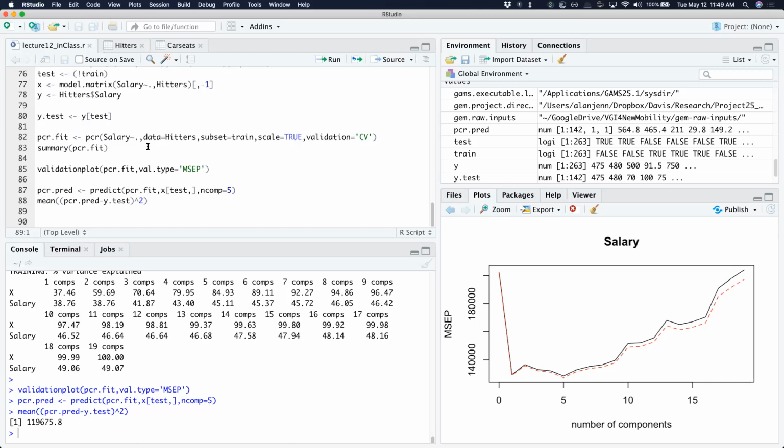I think I showed how to do that. I don't know off the top of my head how to do that in the PCR, but I imagine it's something similar, and you'll be able to extract the number of components based off of the minimum mean squared error. Okay, I see.